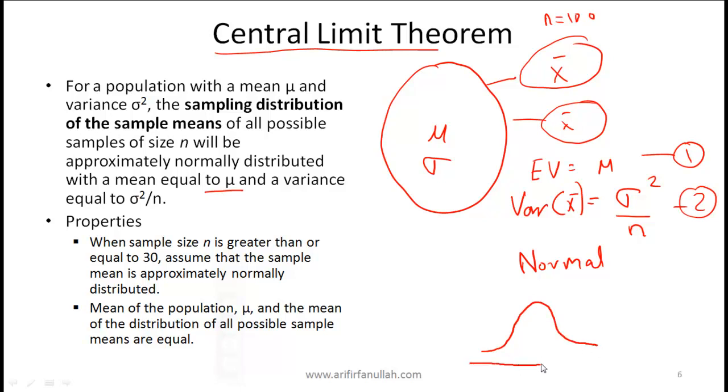So we'll have a normal distribution with mean equal to mu, and the standard deviation of x bar will be equal to sigma divided by root n. This is simply the square root of this entity over here. So this is the central limit theorem.